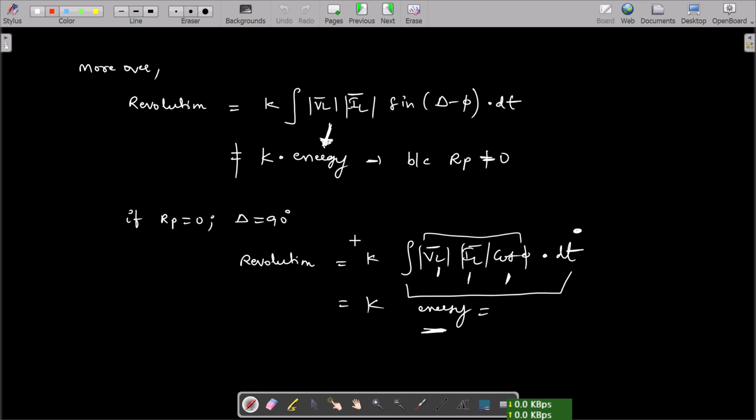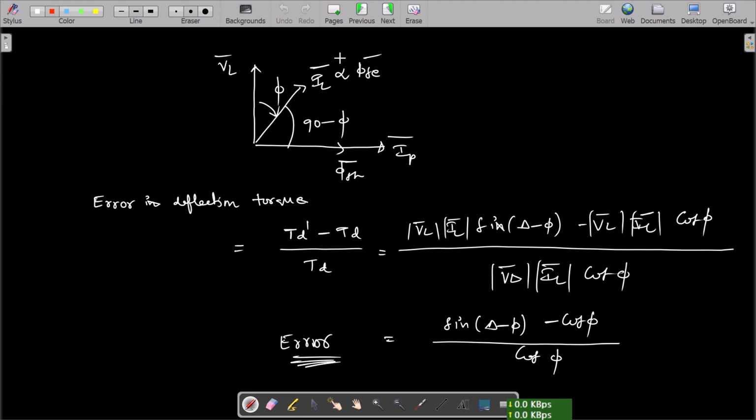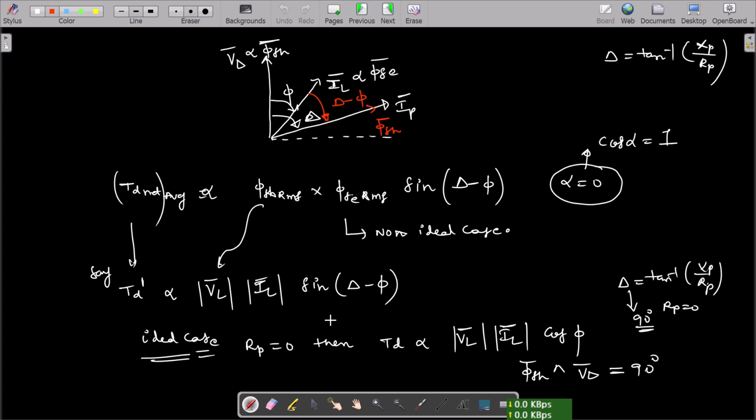This is done by using the shading band. And another thing we are going to get is that the deflecting torque will be directly proportional to power. This is the load power for the ideal case. If Rp is equal to 0, that is nothing but delta is 90 degrees. So these two things will happen by using the shading band.